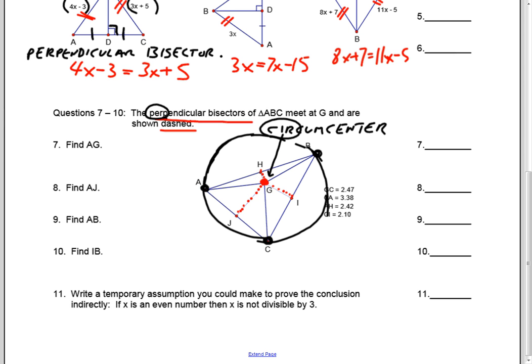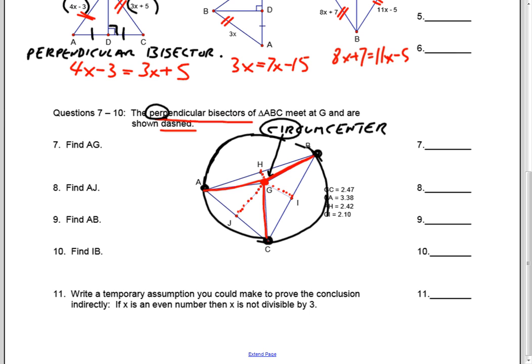Well, why is that important? That's important because what do we know about the radii of a circle? It's half the diameter, but what do I know about all of the radii? They're the same. Isn't this line right here a radius? Isn't this a radius? Isn't this a radius?